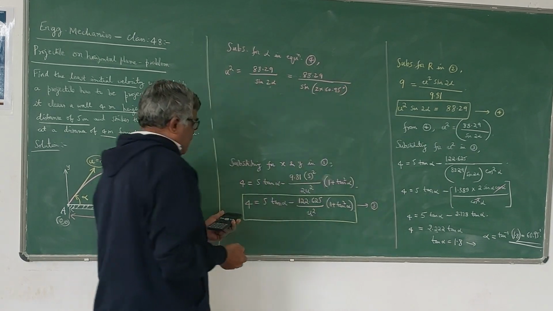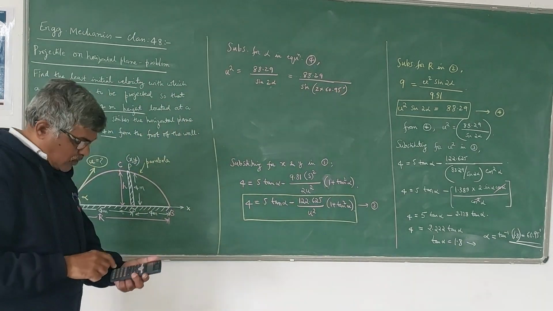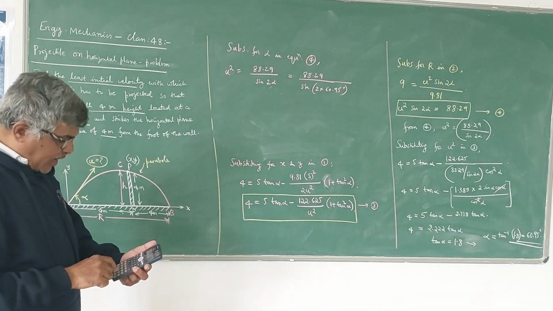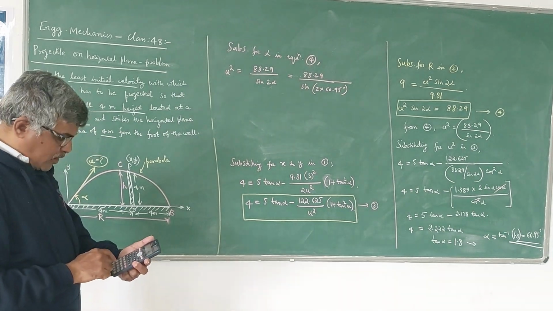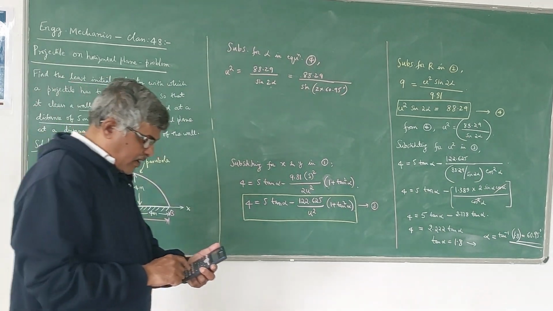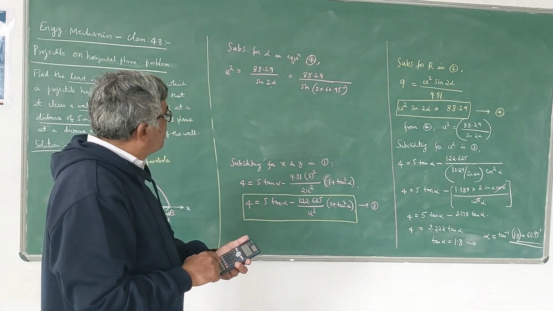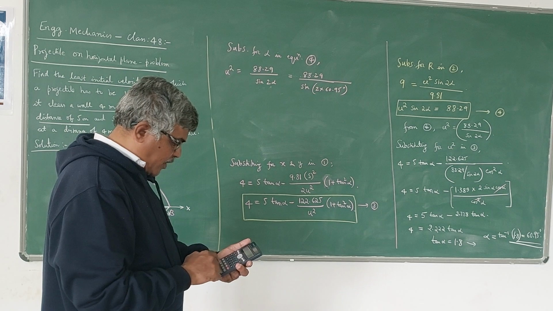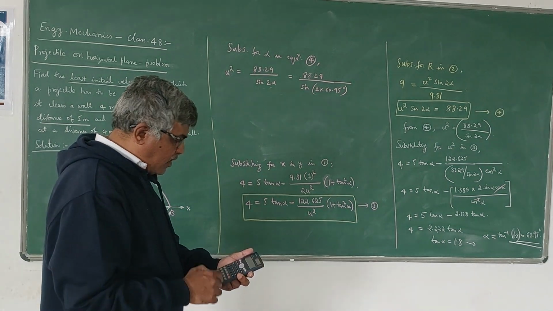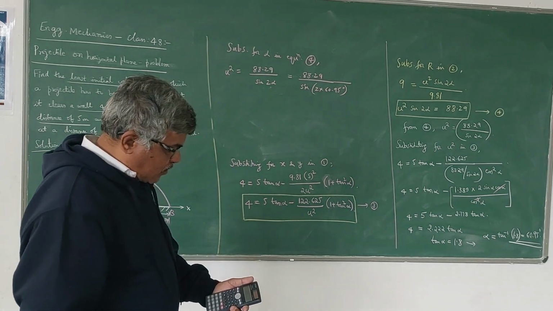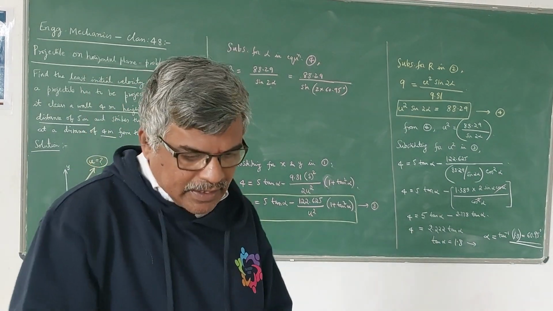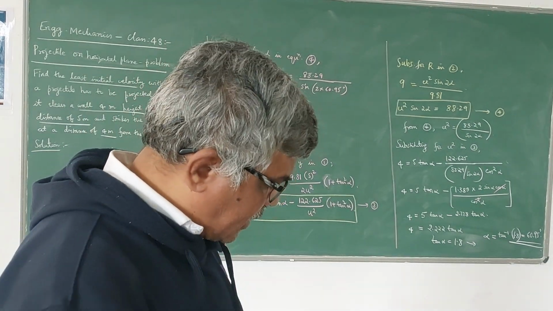If you simplify this, 88.29 divided by sin of 2 into 60.95 will be equal to 103.996.